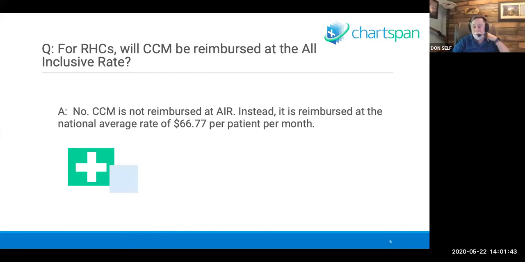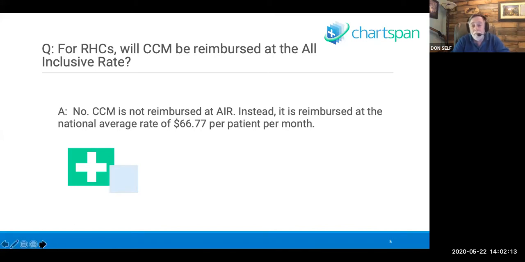Well, they're not going to get paid their normal $86 or $200 amount, depending upon if they're independent RHC or provider-based hospital-owned RHC, that they're so used to getting. But the amount that they're getting at $66.77 is about 50% more than the standard rate that fee-for-service physicians are getting. And it's so easy to do it.